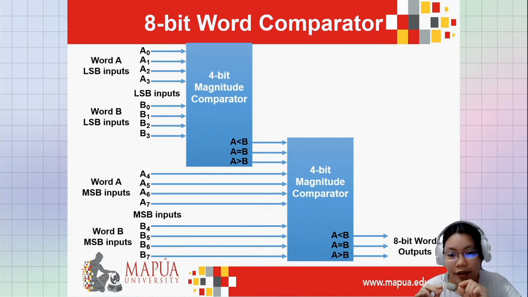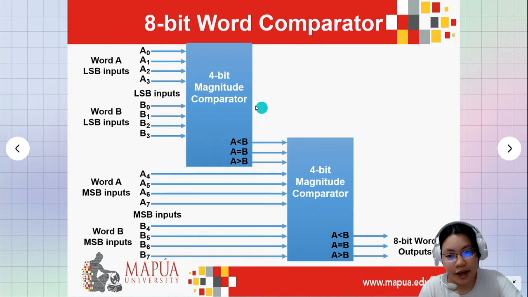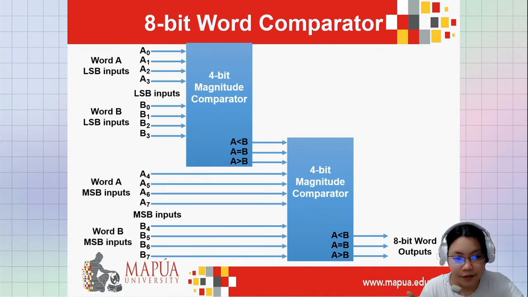So the idea of cascading comparators is presented in this figure, where there are 2 4-bit magnitude comparators, and the output of one comparator will serve as the input of the other comparator. So we will be assigning the most significant bit and the least significant bit, and the higher significant comparator and the lower significant comparators later.